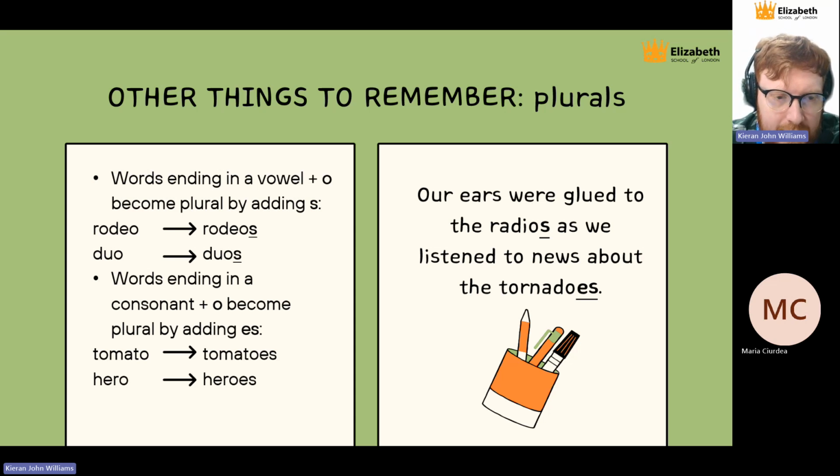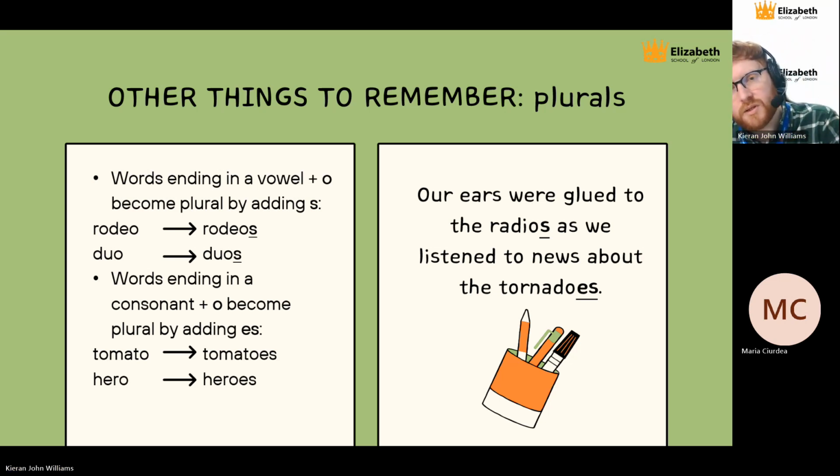It has E, which is a vowel, and then it has O. Of course, in that situation, you just add an S. The same with duo. It has a vowel, the letter U, and it has a letter O. So this would be duos. You just add an S.